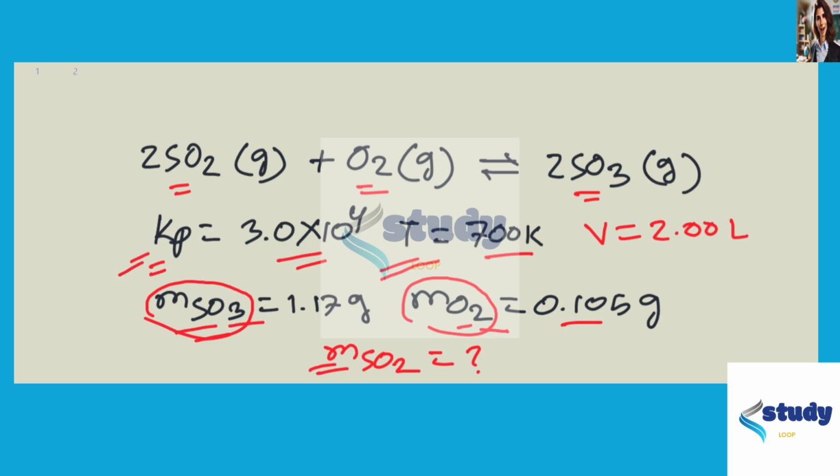Then we set up the equilibrium constant expression for Kc, from which we can find the equilibrium concentration of sulfur dioxide using the concentrations of sulfur trioxide and oxygen. From that concentration we can find the number of moles of sulfur dioxide, and from there the equilibrium mass of sulfur dioxide.